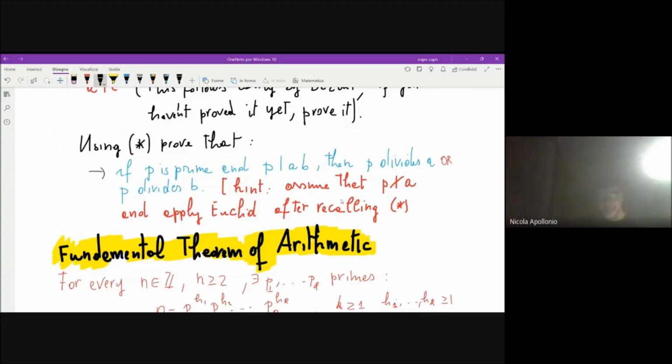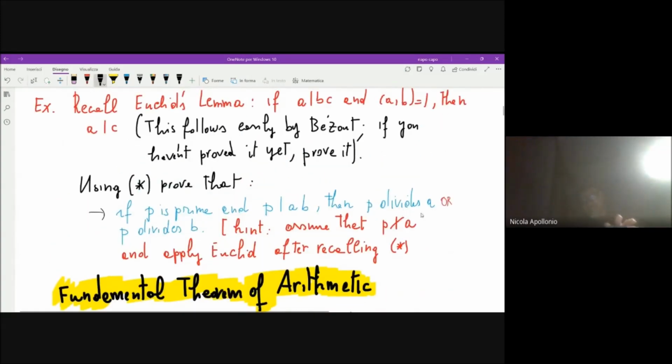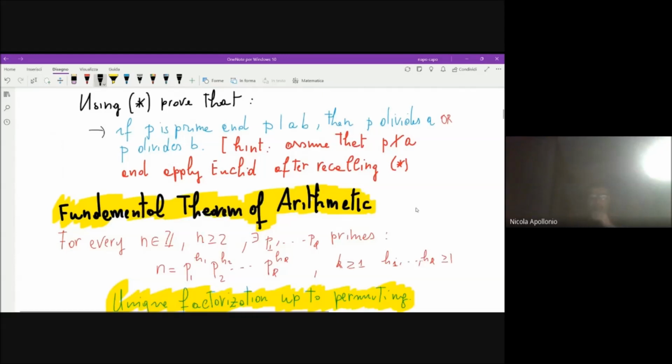Stated in another way, if you know that P divides A times B, and you know that P does not divide A, then it must divide B.